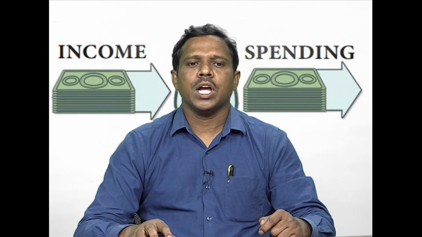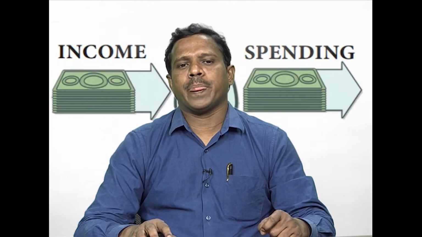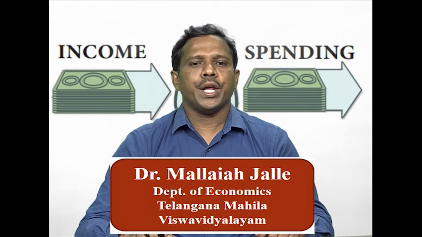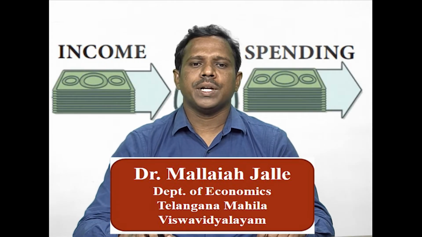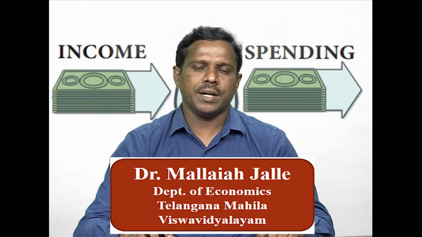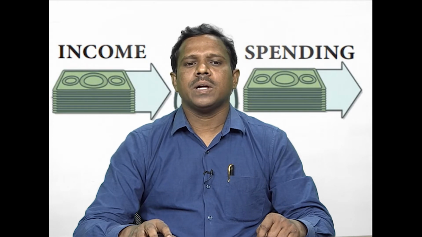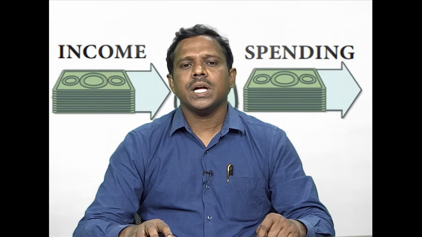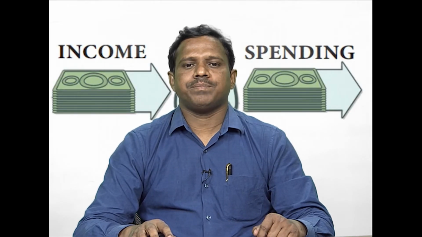When we write it as a mathematical equation, MPC is equal to change in consumption, delta C, by delta Y, which represents the slope of the consumption.